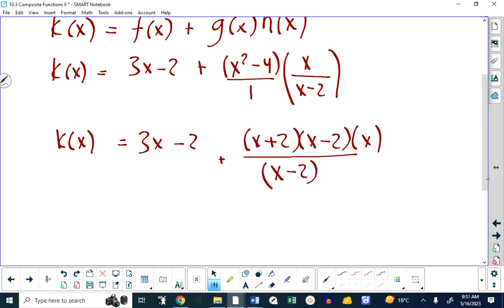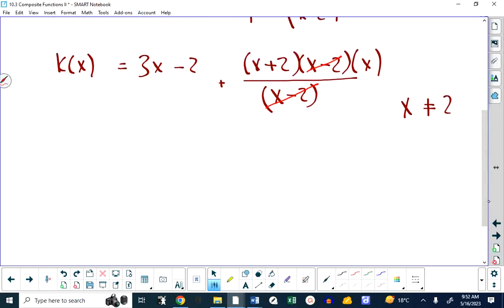There is a non-permissible value we can take note of here, that x is not equal to 2. But the bigger picture is those two factors cancel. So we are left with k of x equals 3x minus 2 plus x plus 2 times x. Now we can multiply it out and pack it together. It's going to be a quadratic polynomial.